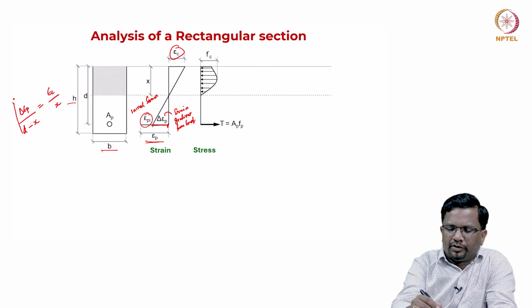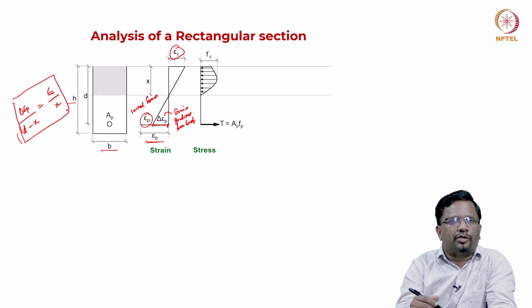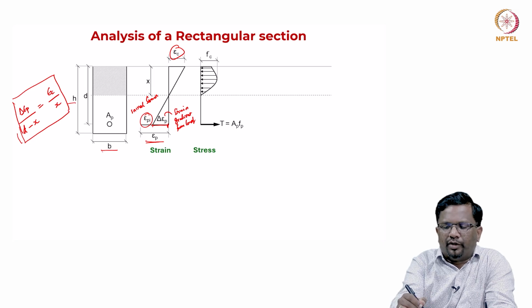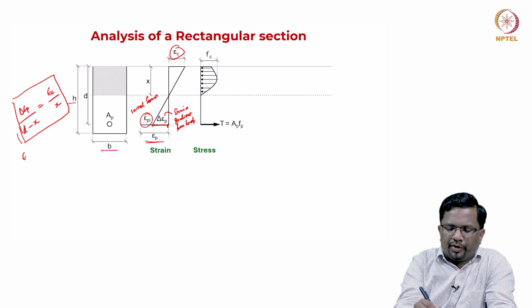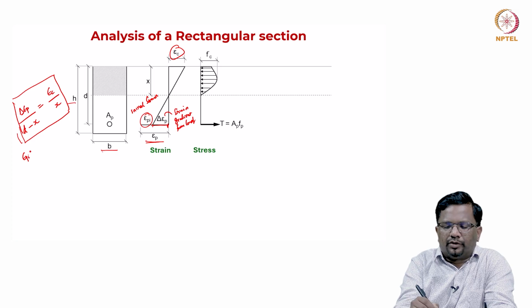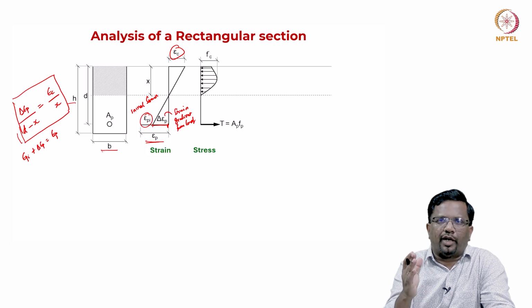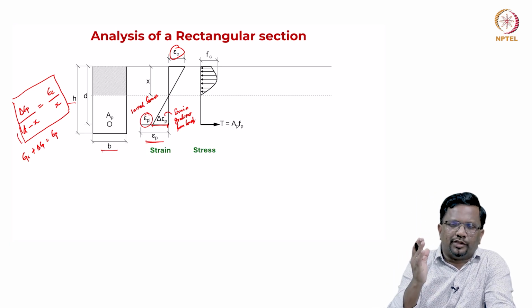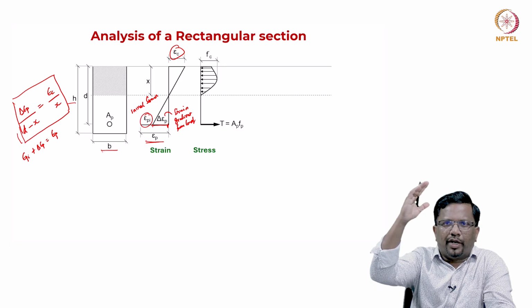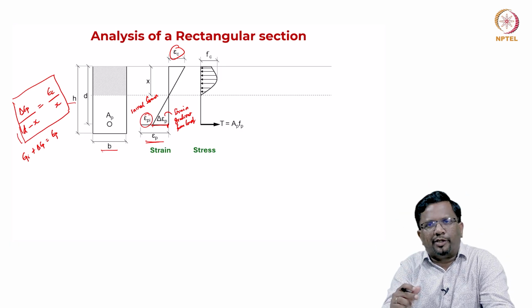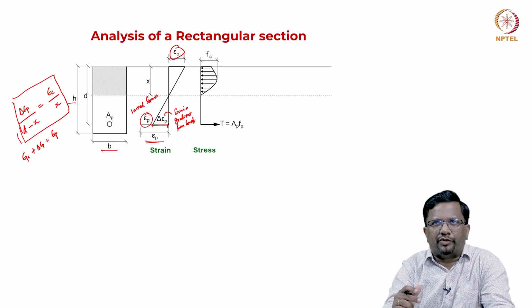So, from this similar triangle, I can get delta epsilon p for any value of epsilon c that I am assuming. Epsilon pi is given already. So, epsilon pi plus delta epsilon p will give me epsilon p. This is the way we calculate strains in the pre-stressing steel for any assumed value of compressive strain epsilon c at the top compression fiber.